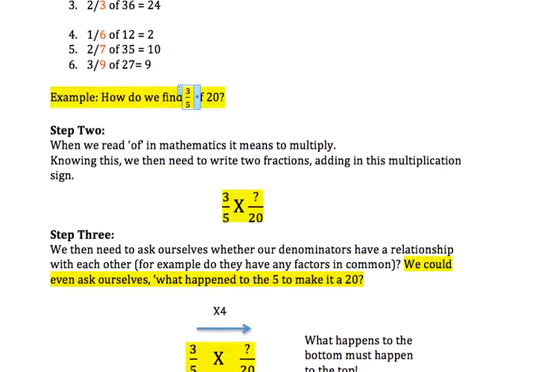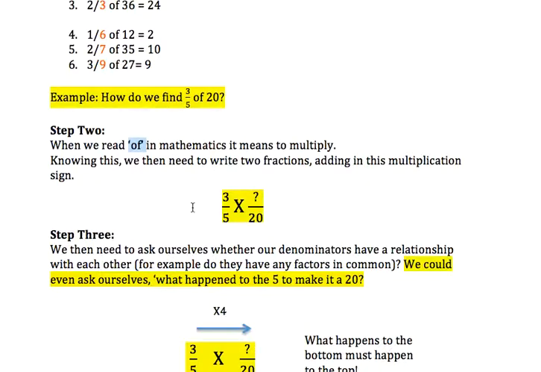Now I'm going to explain a little bit of the thinking behind it. One thing that you need to know is, in mathematics, if you see "of" like this, it actually means multiply. So what we're actually doing is multiplying the fraction and turning the quantity into a fraction itself as well.